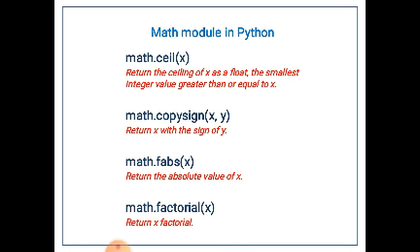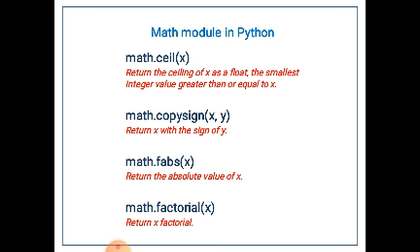That means the sign of y will be copied to x. Math.fabs(x), float absolute value. Here the absolute value of x will be given as the output answer.